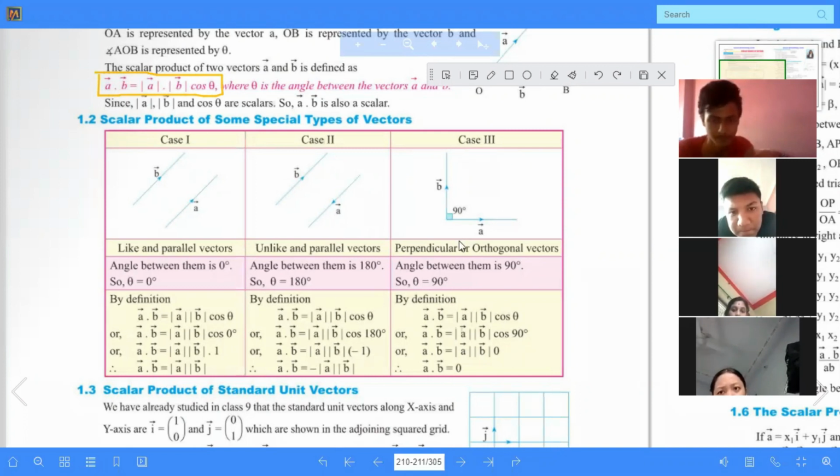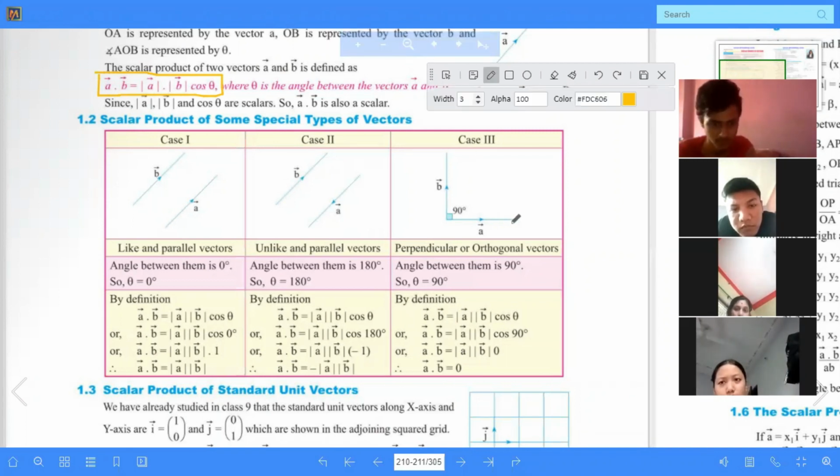Coming to case third, you can say, look, A vector is pointing along east direction, right? You can see here A vector is pointing along east direction, whereas B vector is pointing along north direction, and the angle between east and north direction is always 90, so it is 90 degrees.